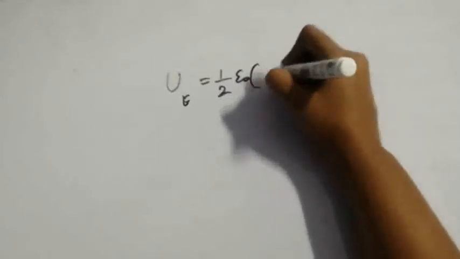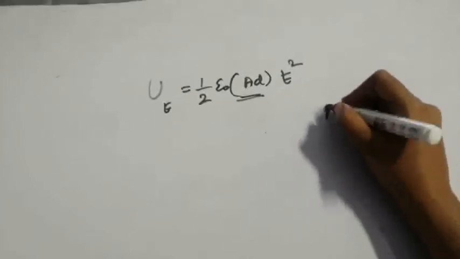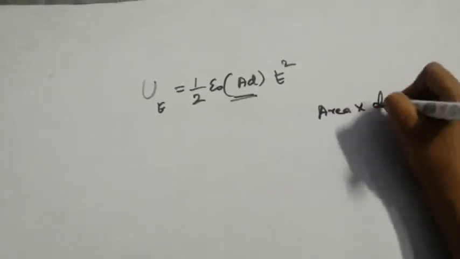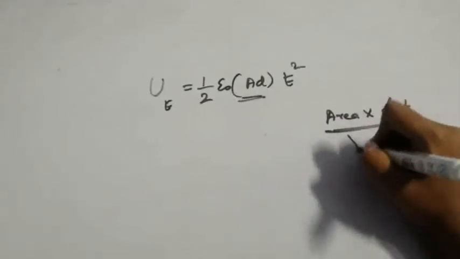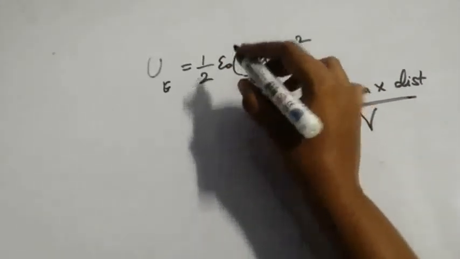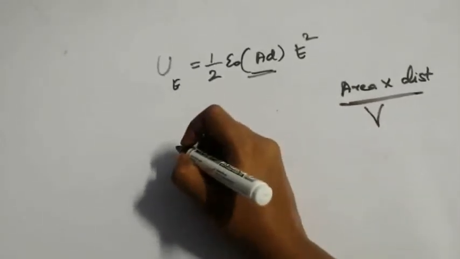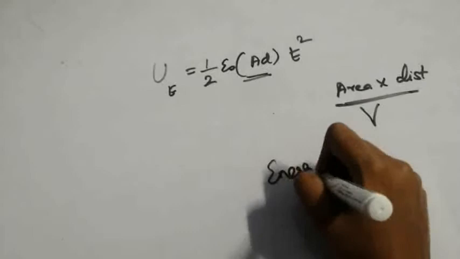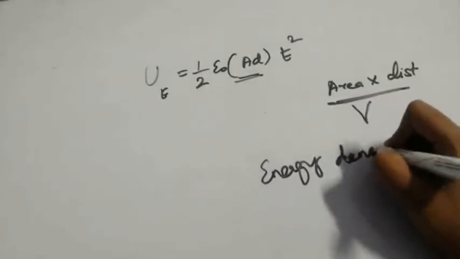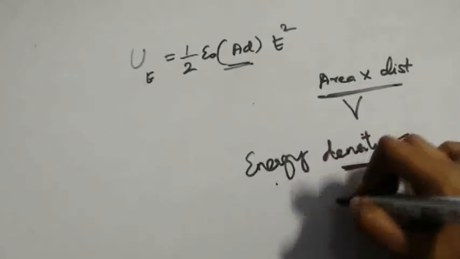So you have the potential energy U_E is equal to 1 by 2 epsilon naught into A into D into E square. This A into D is nothing but area into distance, which can be simply written as the volume. Now, we know the energy density: if you have the term density, it is the value divided by the volume.